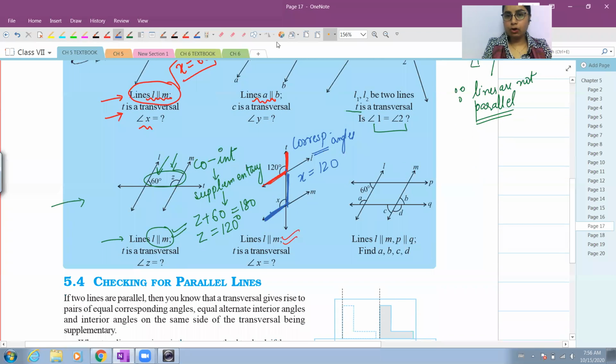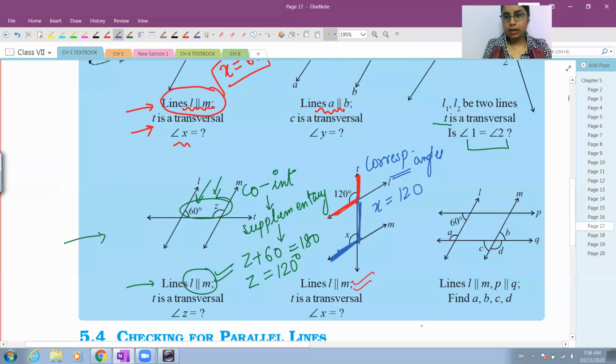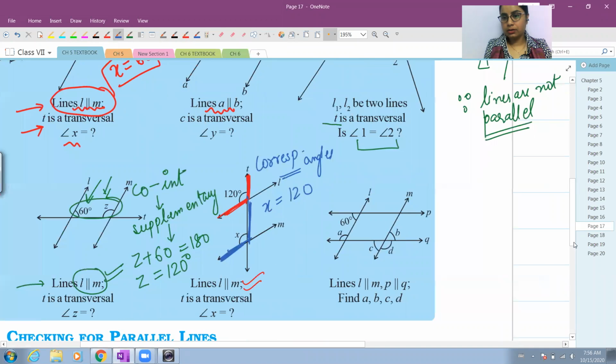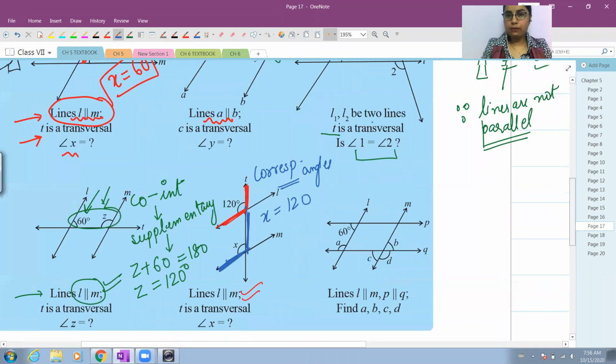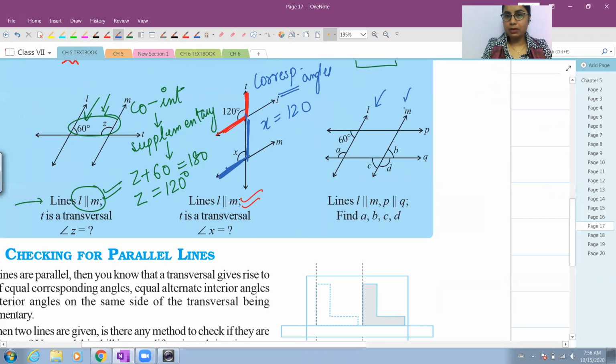This is quite complicated because many lines are formed here. So you have two lines L and M and two lines P and Q. You have to find all these angles. We will not do so much work right now; for now we will work with only one transversal.